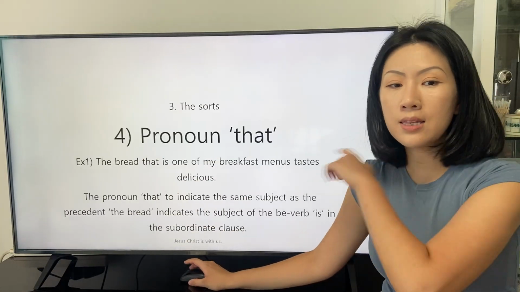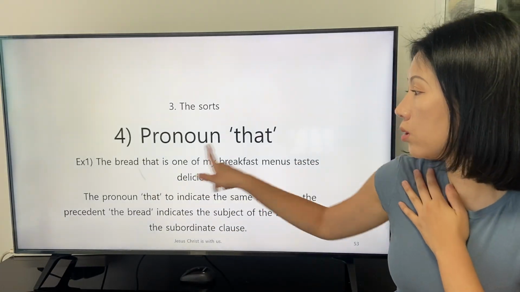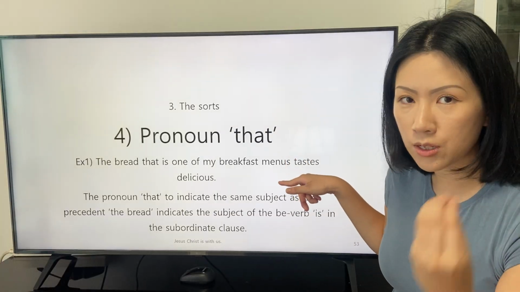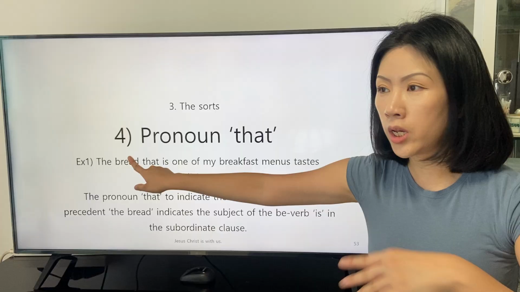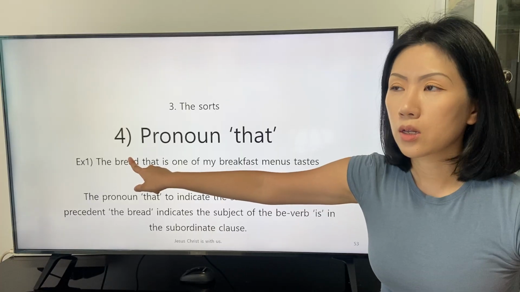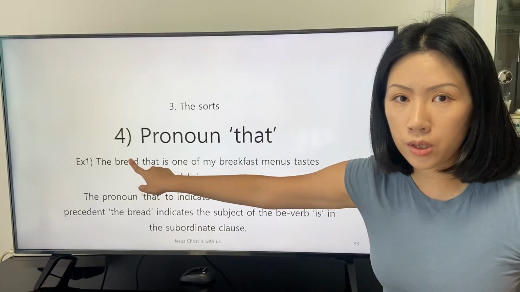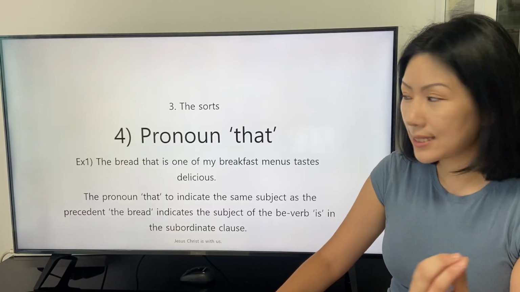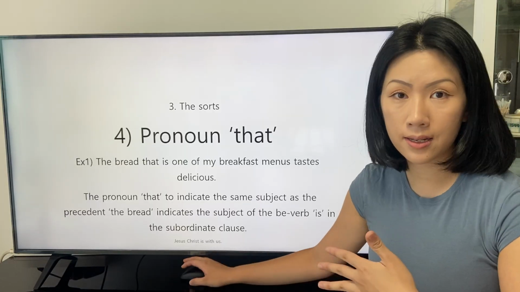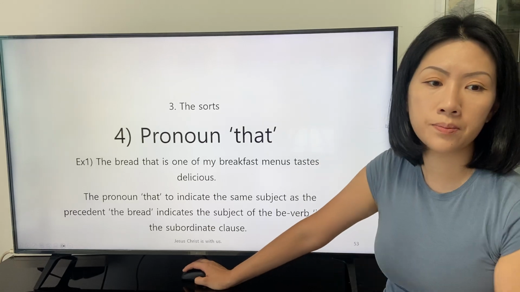Just like this sentence, this whole subordinate clause has the trait as an adjective to describe the bread. We get to know what the bread is like by the subordinate clause.